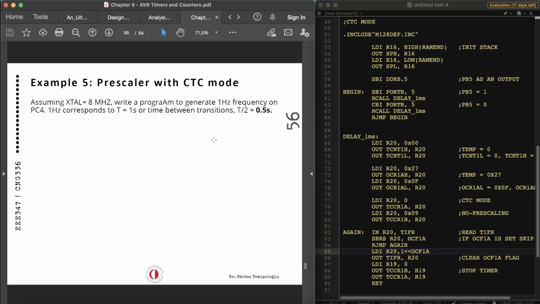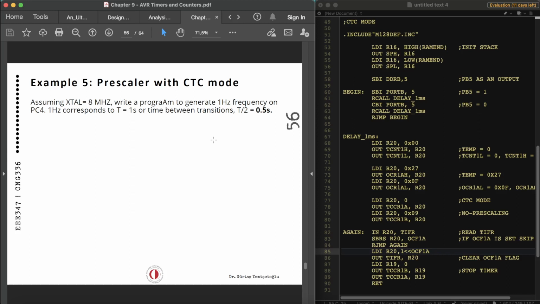So here is the example. We have an 8 megahertz clock. Write a program to generate a 1 hertz frequency on the PC4 pin. 1 hertz corresponds to 1 second. So that's going to give you 0.5 seconds high and 0.5 seconds low.